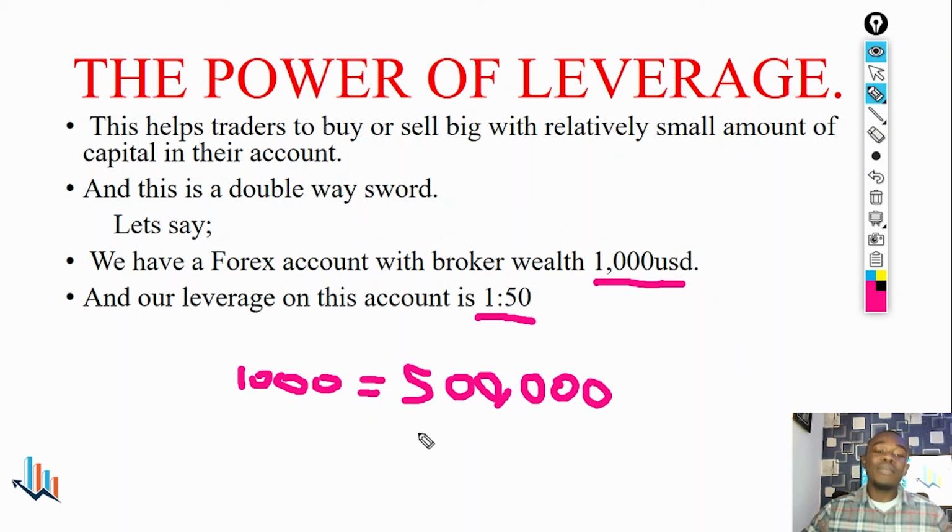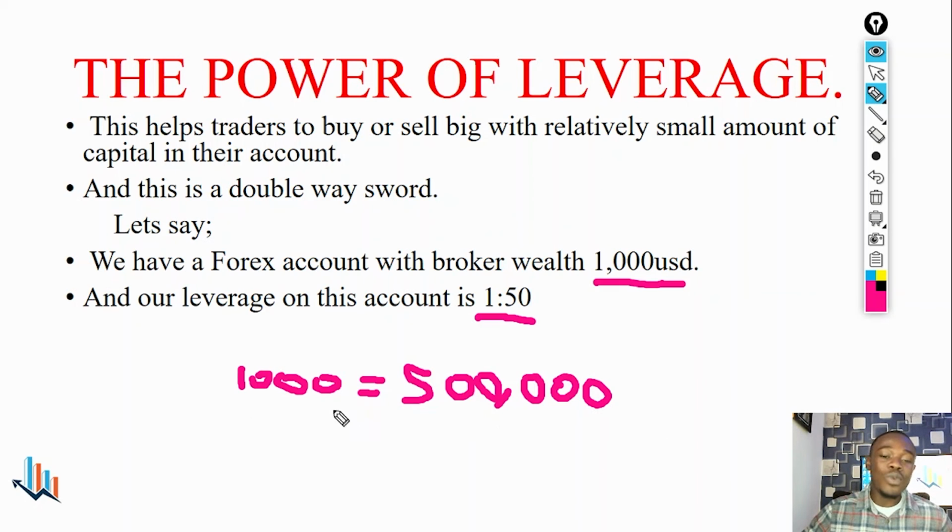So what this literally means is we don't have $500,000. We have only $1,000. But based on the power of leverage, we can use our $1,000 to buy $500,000 worth of another currency in dollars. So we only have $1,000, but we can buy or sell $500,000 per trade using leverage.